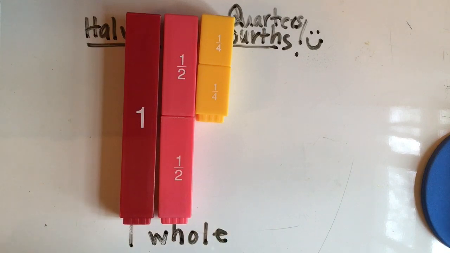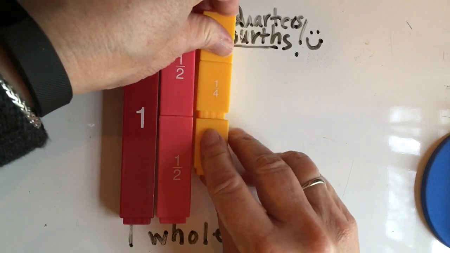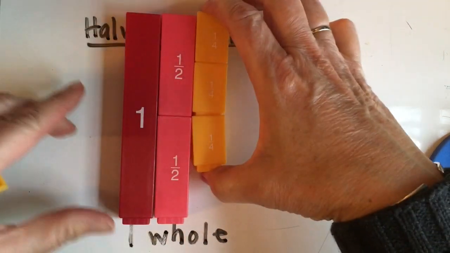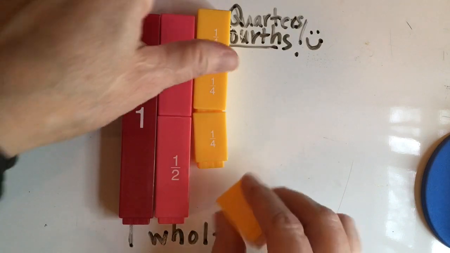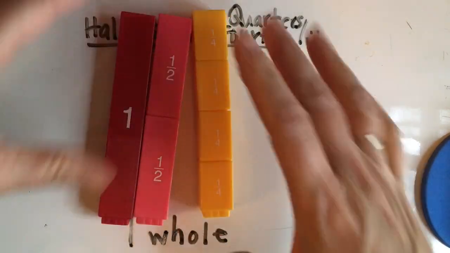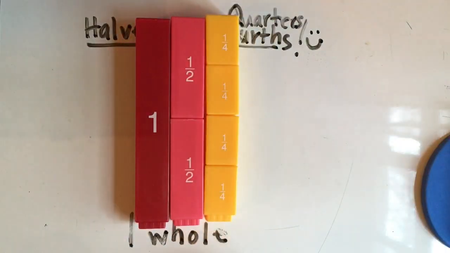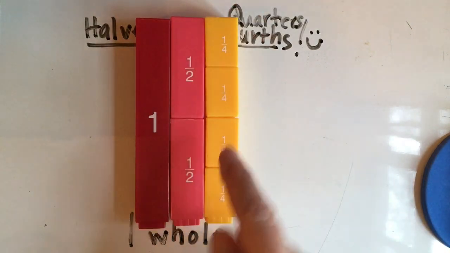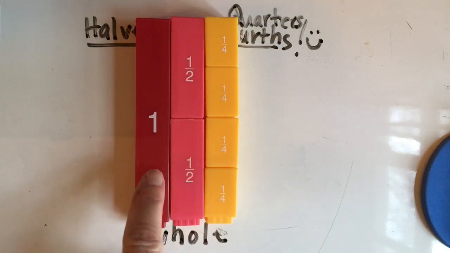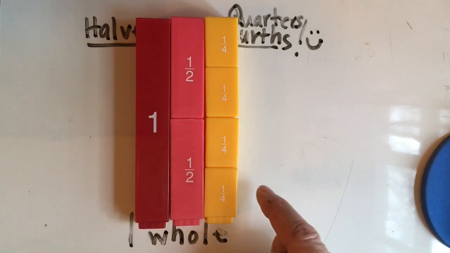There's another one. Click those together. And another one. Click those together. So there we have it. 1, 2, 3, 4 fourths are the same as 1 whole.